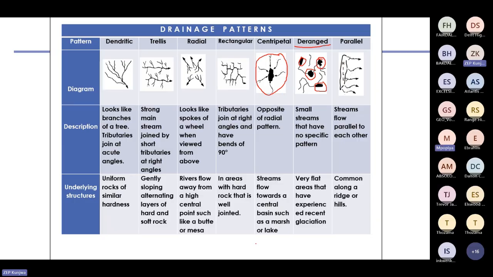Okay, he says fine. Mr. Kundra, hi. I have attached a picture for them in the group for the centripetal. Yes, thank you so much. There is Lake Rukwa there. They can see it there. Yeah, very well. It's clear. Okay, thank you so much.